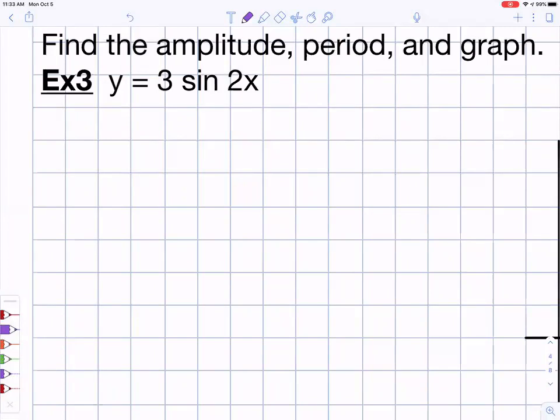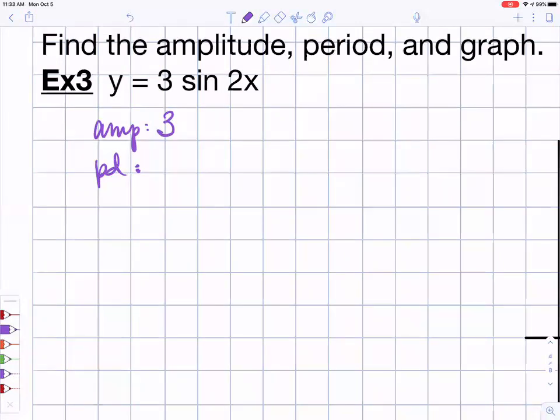What's one thing that we know when I look at my example? Amplitude is 3. Okay. Now for the period, don't just tell me what the period is, tell me how to find the period. How do you find the period?